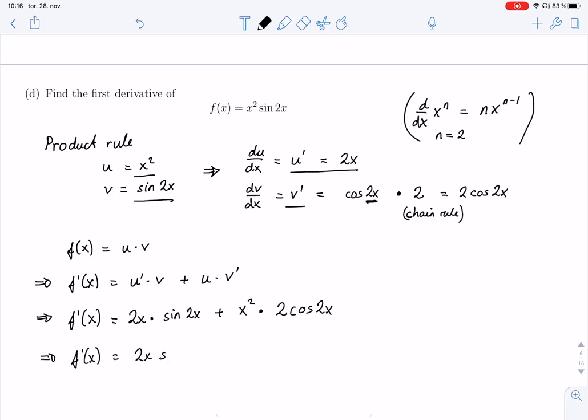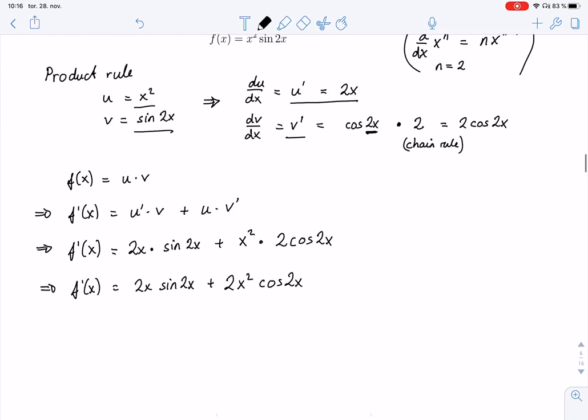Two x sine 2x plus 2x squared cosine 2x. This is the pretty order. So you have the number first, then the x's, and then the sine and cosine stuff. So that would be our answer.